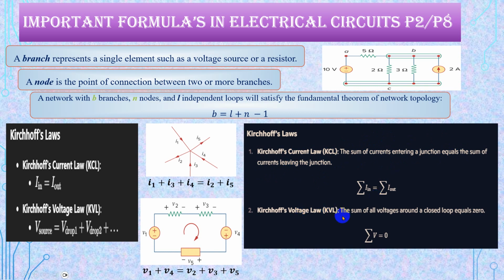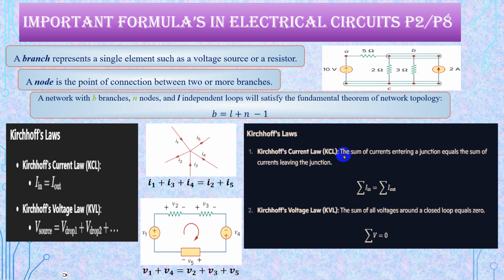Kirchhoff's voltage law is the sum of all voltages around a closed loop equal to 0. So now rearrange this equation, putting V2 plus V3 plus V5 on the other side, it becomes V1 plus V4 minus V2 minus V3 minus V5 equal to 0. The sum of voltages around the closed loop. Kirchhoff's voltage law always deals with a loop, meaning it must be a closed circuit.